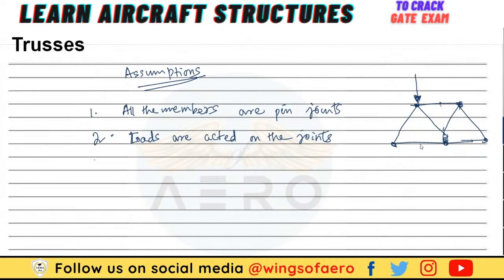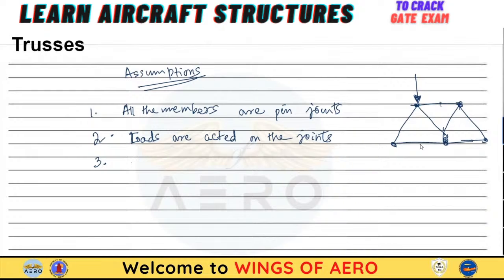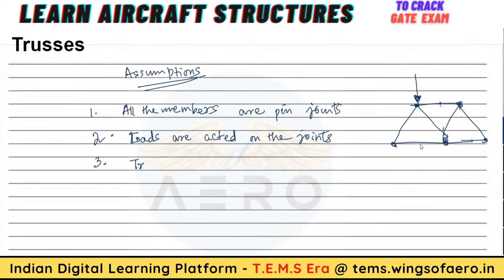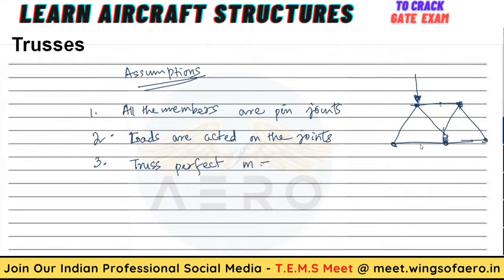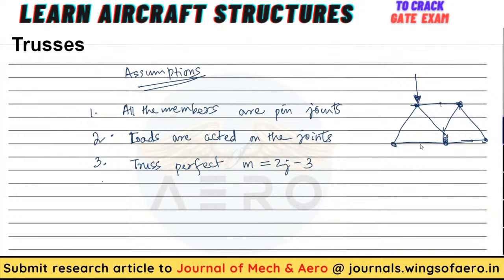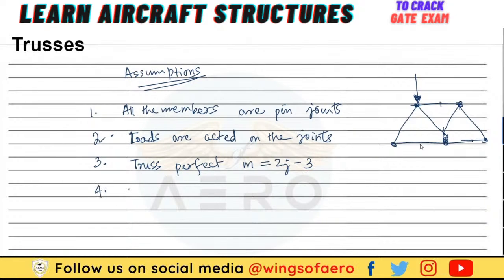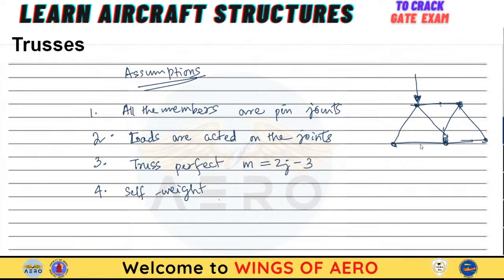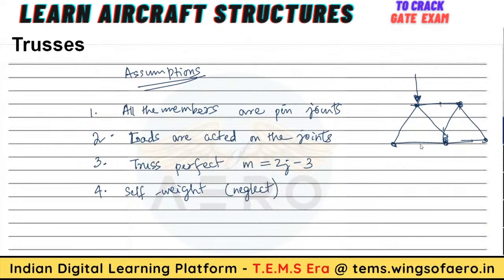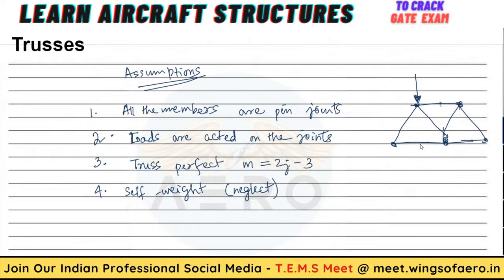The third one: whenever we solve a truss problem, we consider the truss is perfect. That means it should satisfy m equals 2j minus 3. And the fourth one is we should ignore or neglect the self weight.